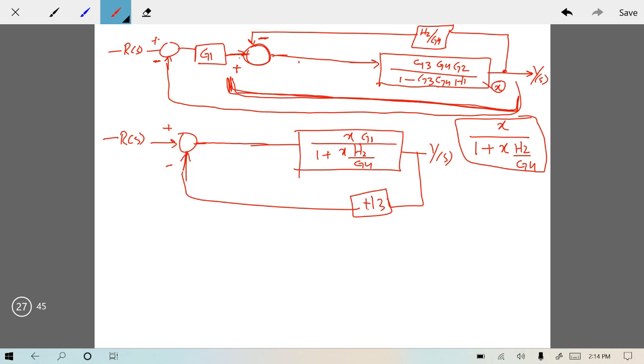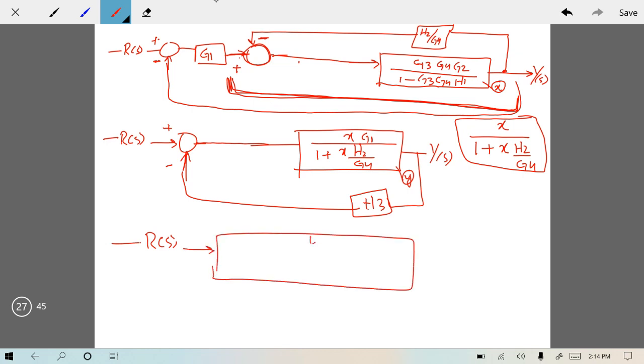Yes, I can. Again, it has become a feedback loop. So calling it Y, I can reduce this block diagram into R of s, Y over, is this a positive feedback or negative feedback? This is a negative feedback. So Y over 1 plus Y H3 and Y of s.